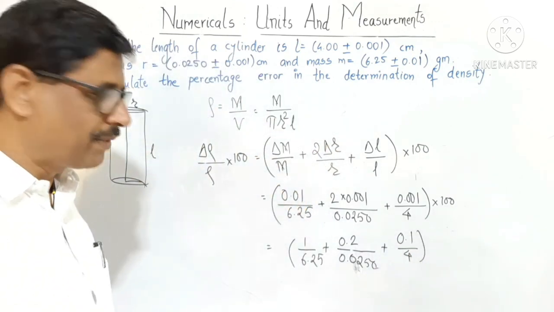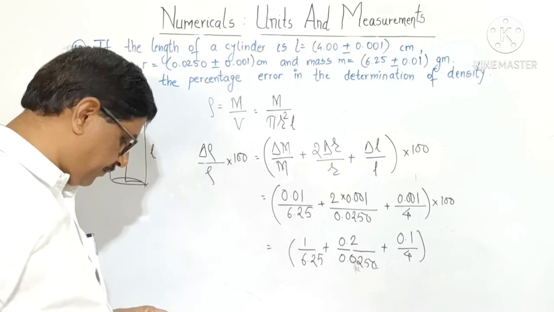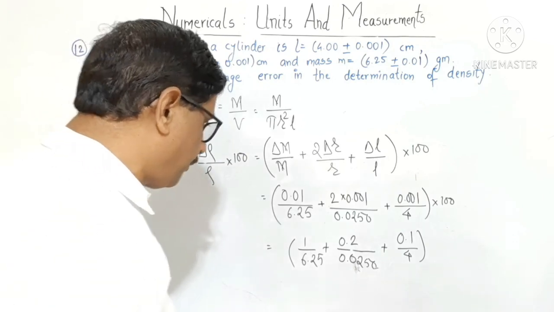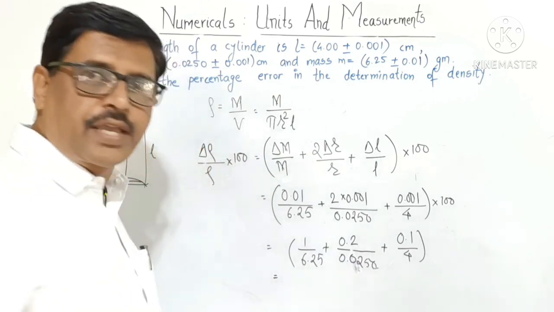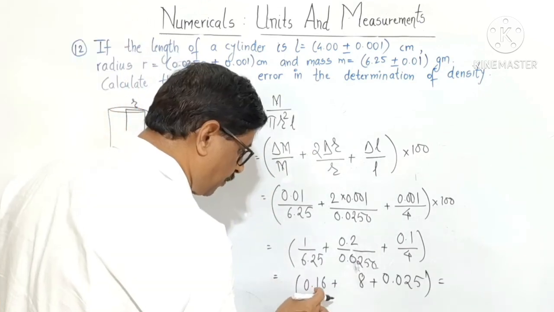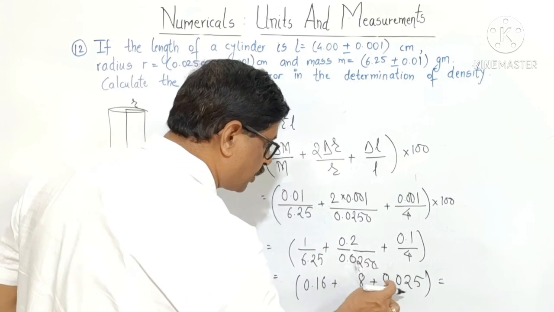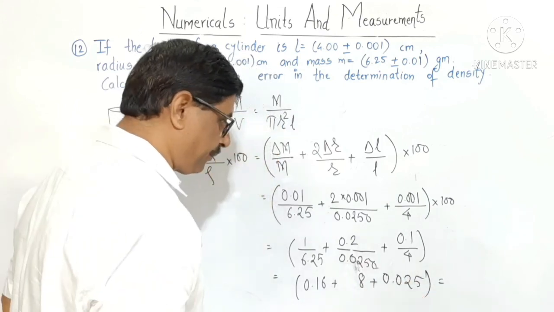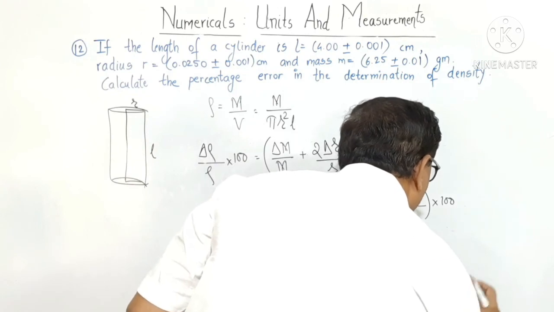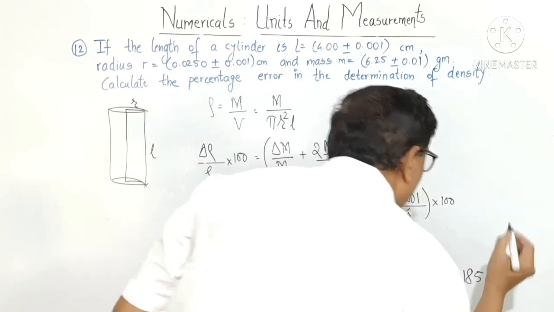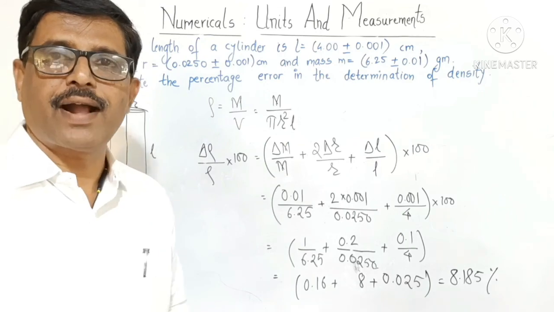Multiplying by 100 you will get this, and it is equal to 0.16 plus 8 plus 0.025, and it comes out to be equal to 8.185%. This is the required answer.